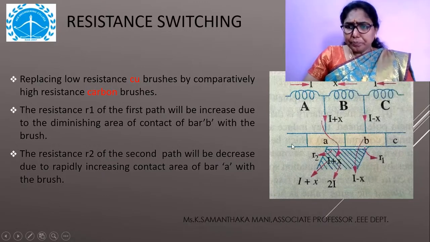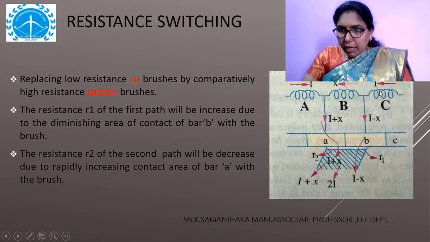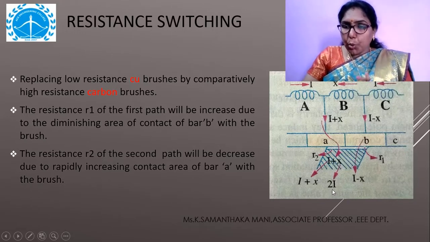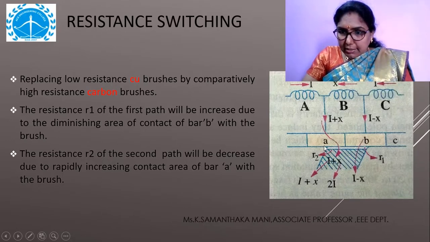If you observe, coil A and coil C together are supplying I amperes and I amperes. The brush has to collect 2I amperes under any condition. Let us consider this position of the brush, exactly in the middle of the two segments A and B. At this condition, we observe that the cross-sectional area in contact with segment A and with segment B is equal.